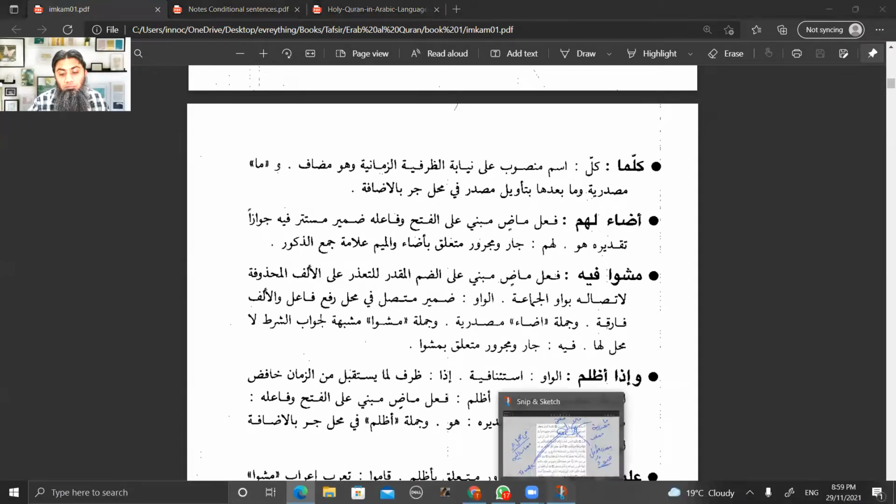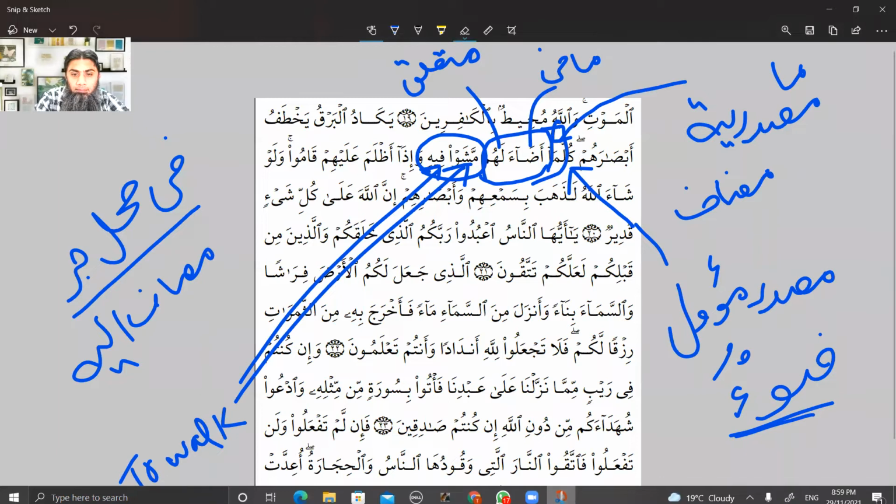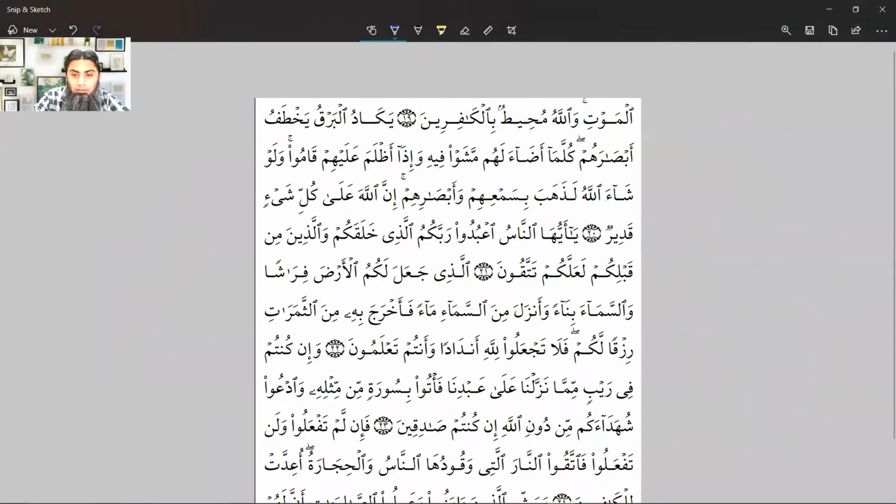Now let's go back and make it simple. So this kulla mudaf ma ada alahum mashawfi, this whole thing is connected. Why? Because it is like a jumla shartiya. It is mushabba to jumla shartiya.